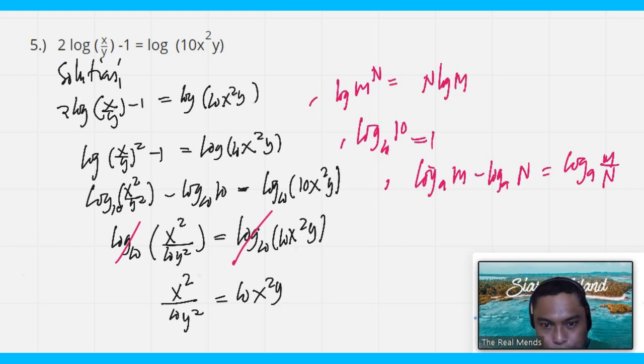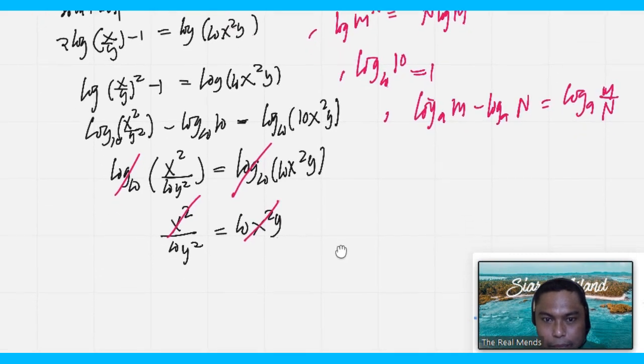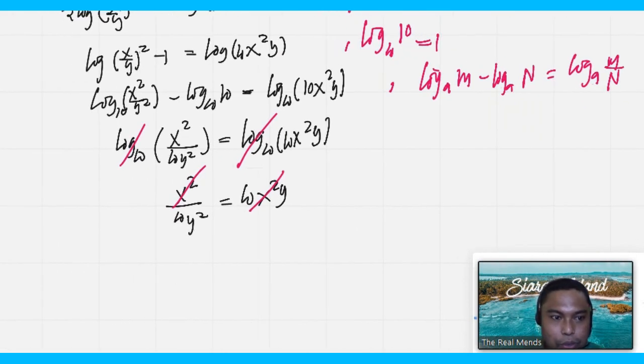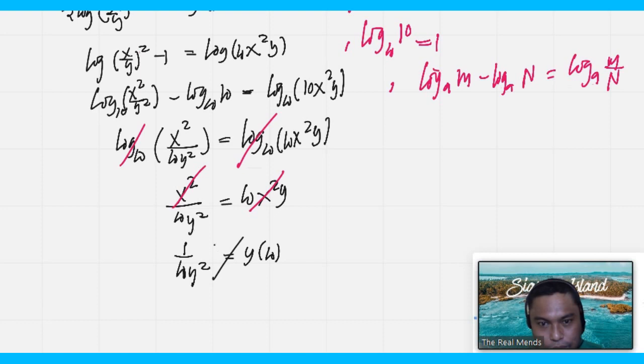We have a common x squared here, so this will be cancelled out, and then the remaining equation will be this one: I have here 1 over 10 y squared is equal to just y. Oops, I have here 10. And then can I cross multiply it again?